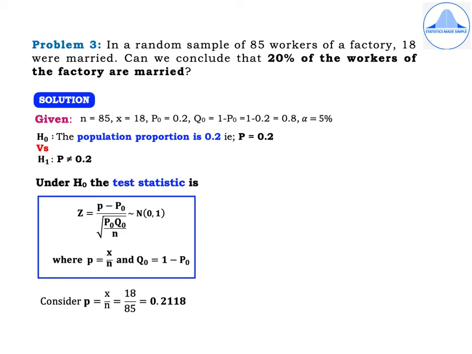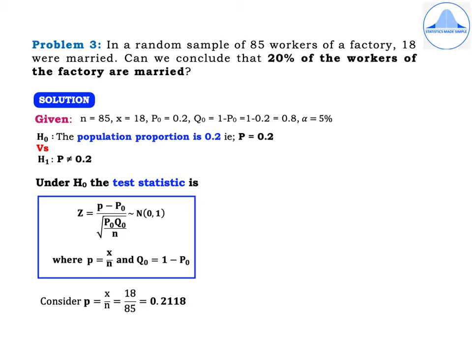So in this problem, the random sample of 85 workers is chosen. So it means that small n is equal to 85. And in that, they are saying 18 were married. So 18 is nothing but small x, which stands for number of units which possess a given attribute in the sample.